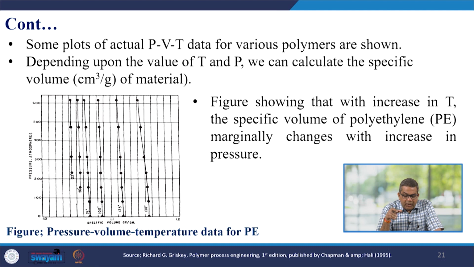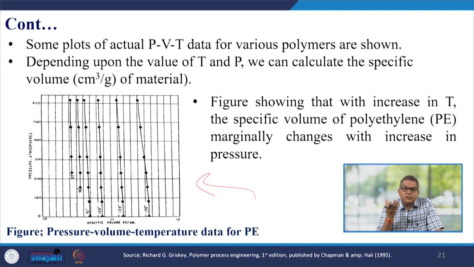Now, here we have depicted some plots for actual PVT data of various polymeric systems. Depending upon the values of temperature and pressure, we can calculate the specific volume of the material. This particular figure shows the specific volume of a polyethylene increasing with the increase in temperature. Marginally, this changes with the increase in pressure.